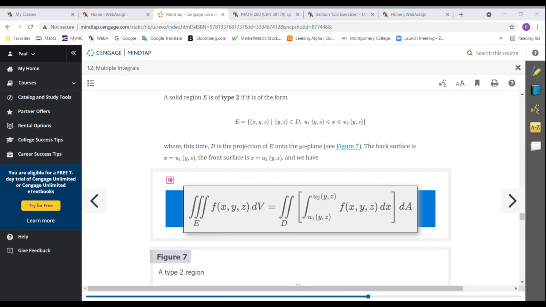Tell you what, let me go to the whiteboard. Hold on. All right, let me go to the whiteboard here. So we have dV. Maybe I'll use my little thing here. One moment. Where's my pen? Here it is.